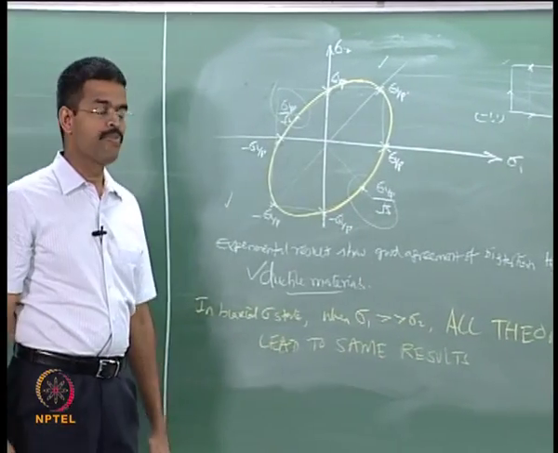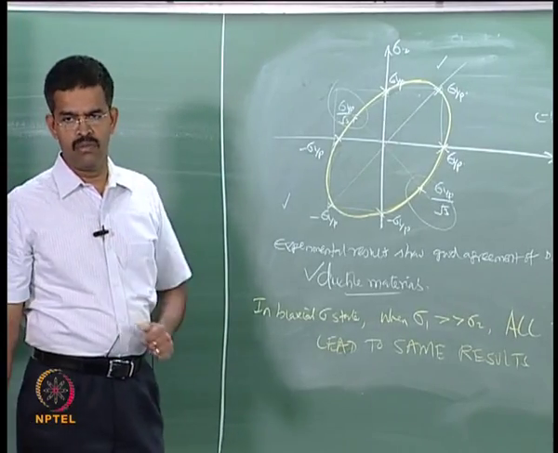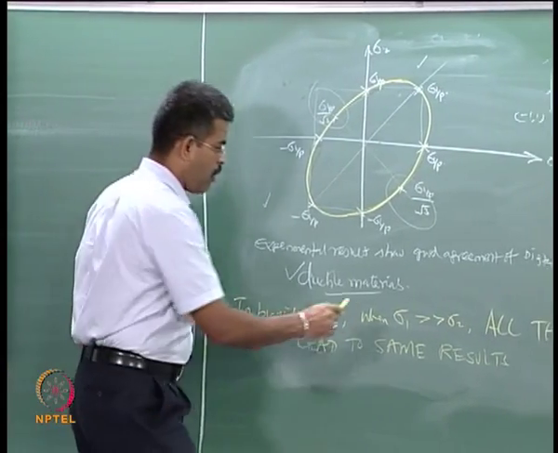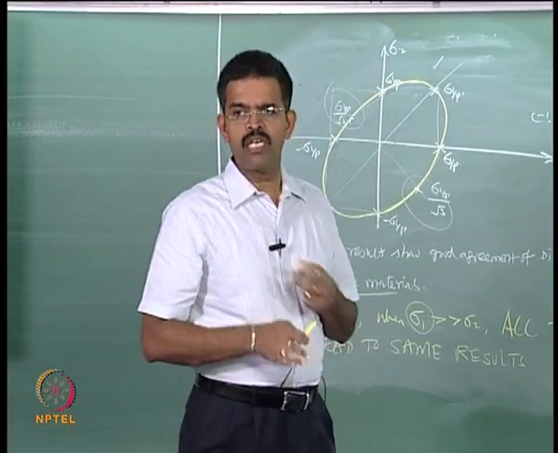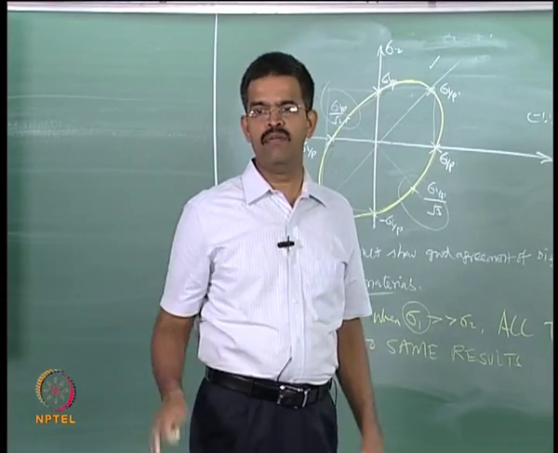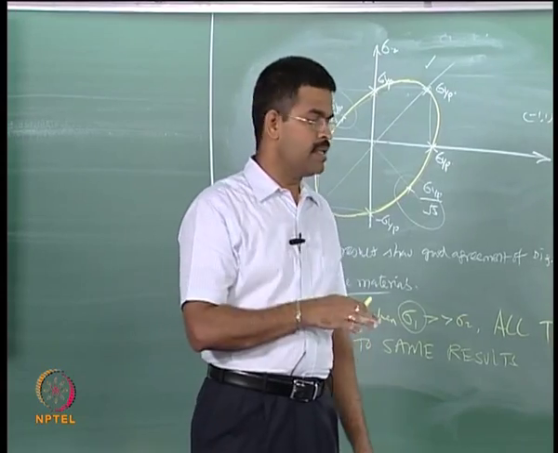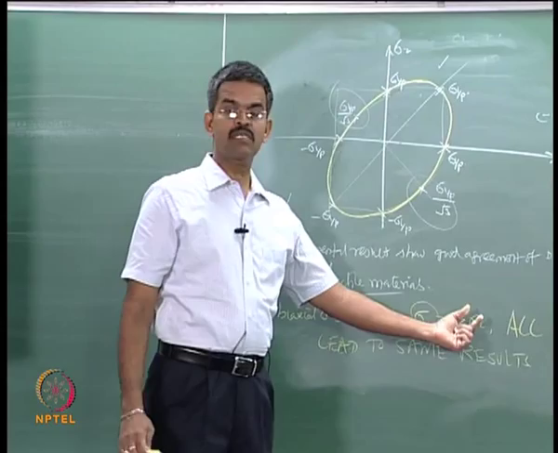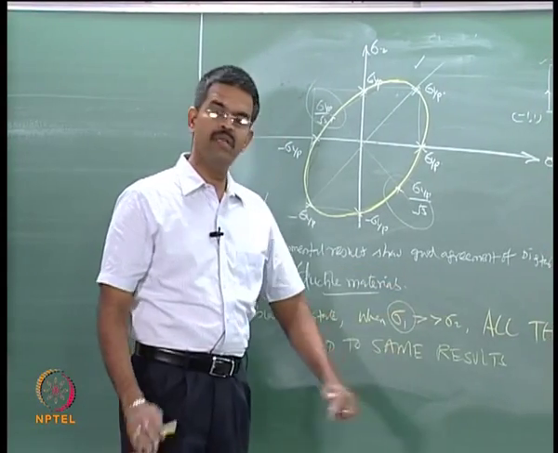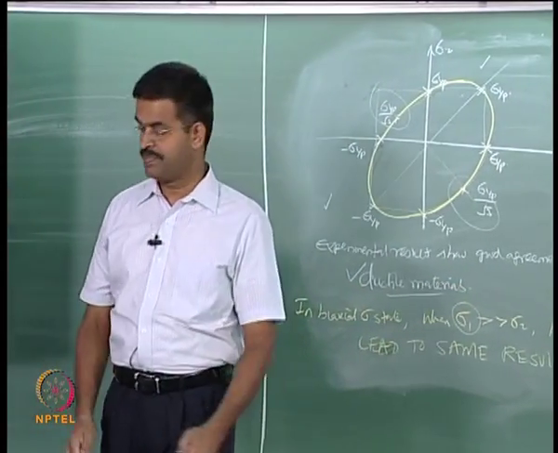What does it mean? All these theories hold good by concluding for a uniaxial stress state. The problem starts only when it is biaxial or triaxial, which is a fact and reality in case of marine structures, okay. When the value is very large compared to the other, then all theories will yield more or less the same results.